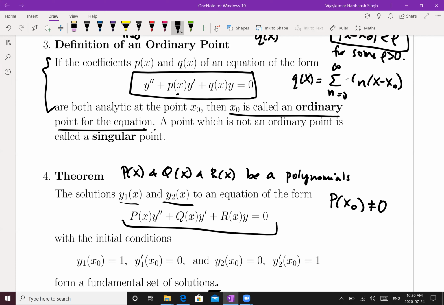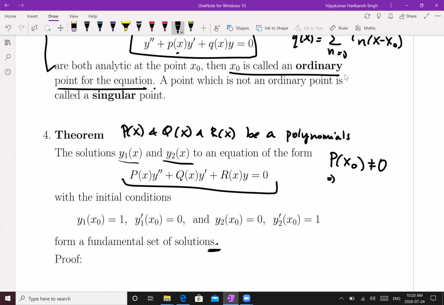These are polynomials and we have P(x naught) non-zero. In that case, we get an ordinary point. It would imply that x naught is an ordinary point for this equation. So this should be given here. Please add these conditions.